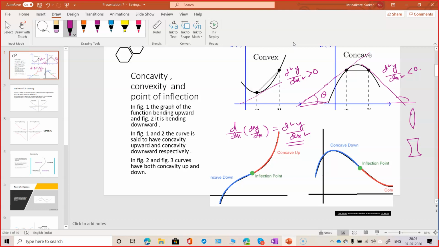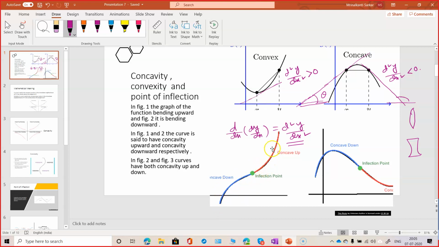But we have defined concavity up or concavity down in an interval. What do you mean by concavity at a point? I'll discuss that. Before that, you just check here. This article was based on concavity, convexity, and point of inflection. The point of inflection is the point where d square y by dx square changes its sign. Before you reach this point, it is concave down, meaning d square y by dx square is negative.